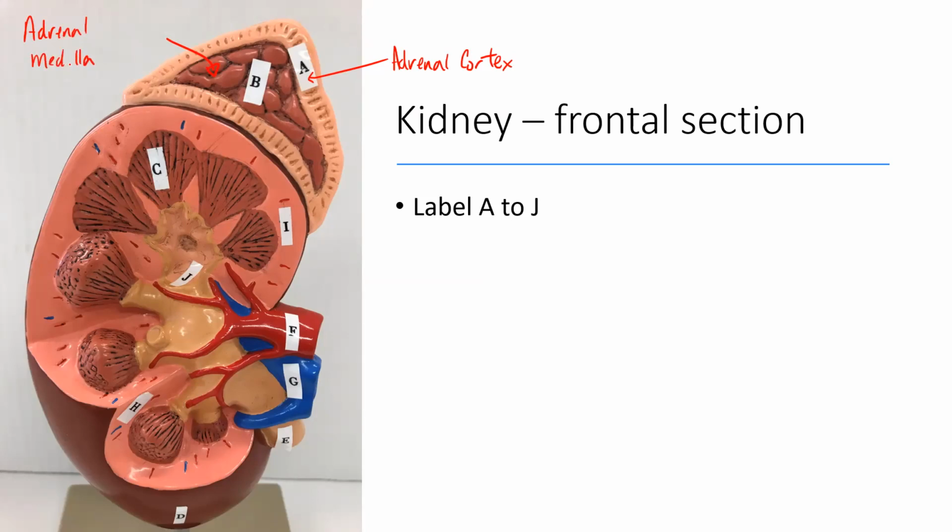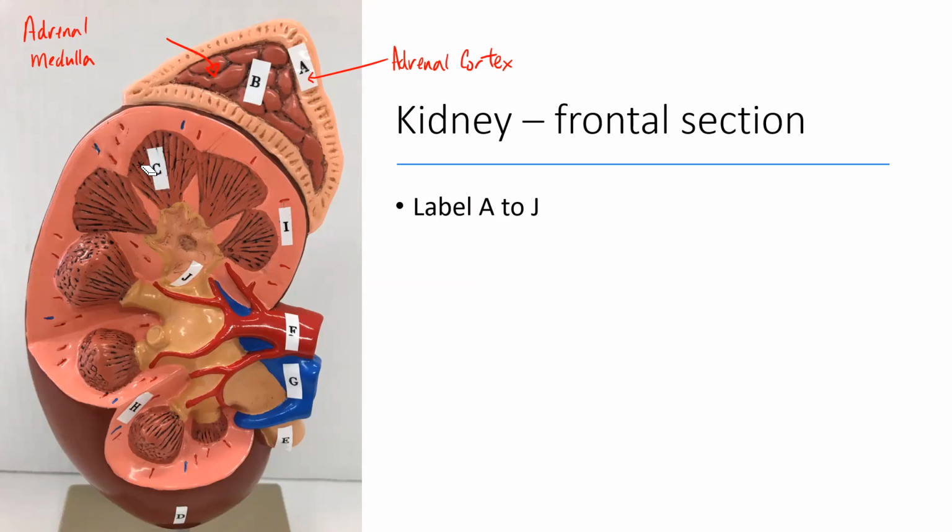Is the adrenal medulla also known as the adrenal gland? No, the whole thing is the adrenal gland. Like the whole thing is a watermelon: the cortex is the green part, the medulla is the red part.